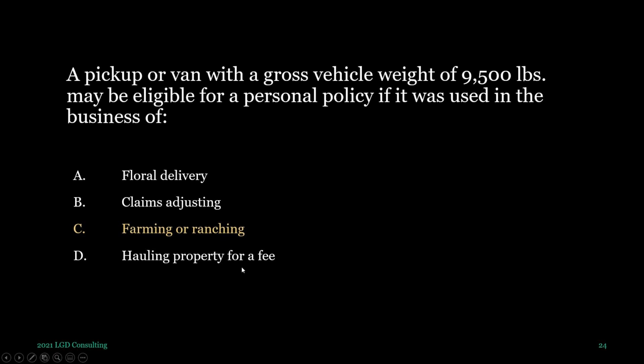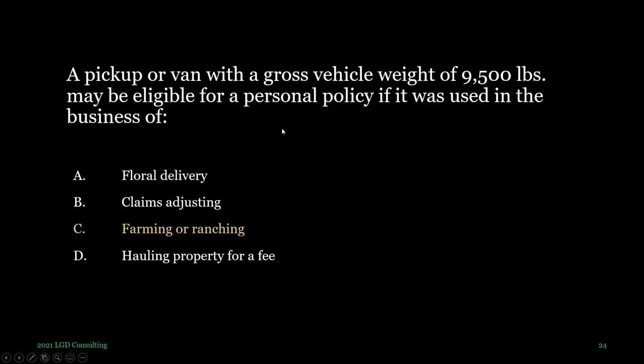Hauling property for a fee, you're making money. That's business use. Share the expense carpool. You're carpooling to work and you're sharing the gas money. That's covered because that's still personal use. All right, but if it's a business where you're generating revenue from it, then that's going to be business use, not covered by your personal auto policy.